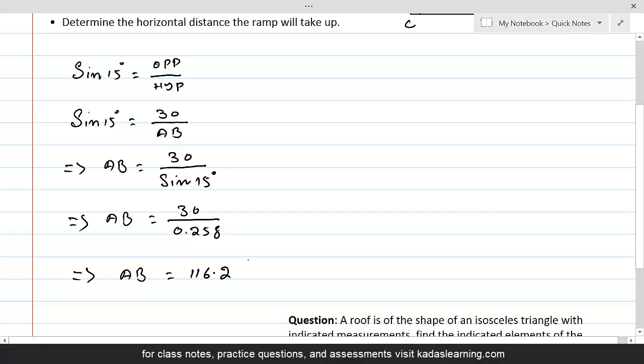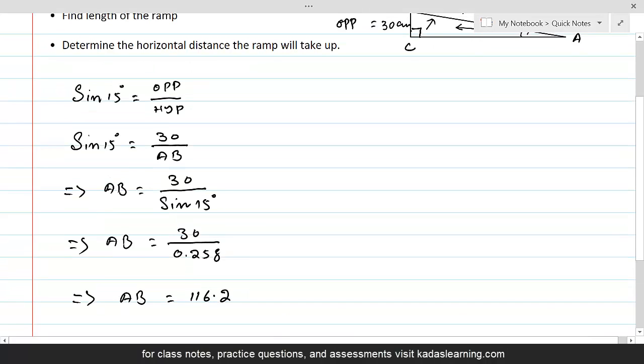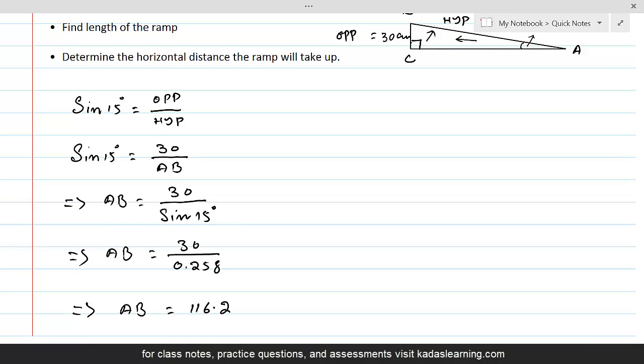116.2. So if this is the length of the ramp, now we will be finding the distance the ramp will take up from the wall, the horizontal distance.